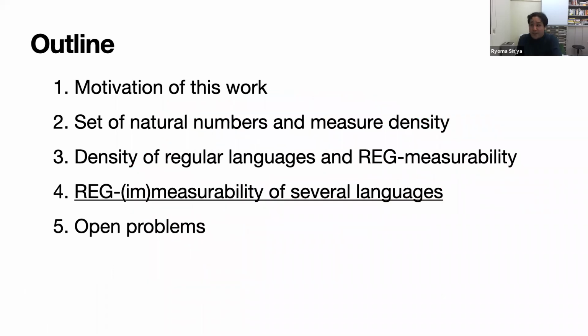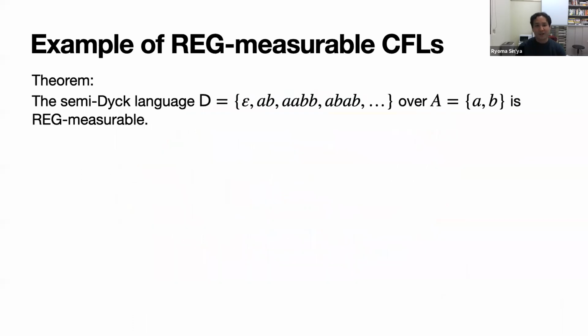So let's see examples of regular measurable context-free languages. Again, the example is the semi-Dyck language. Here we use letters a and b instead of left and right parentheses for readability.